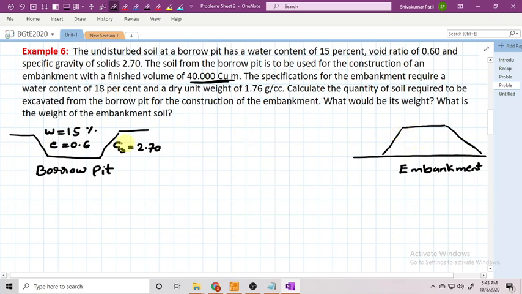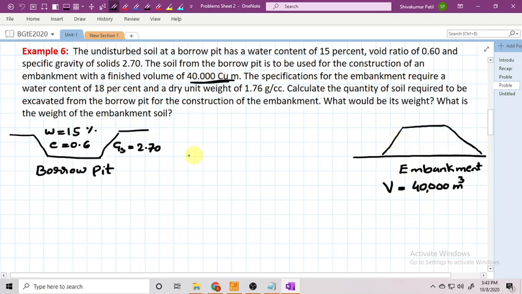What is the total volume of the constructed embankment? Total volume is 40,000 cubic meter. The specification for the embankment requires a water content of 18%.